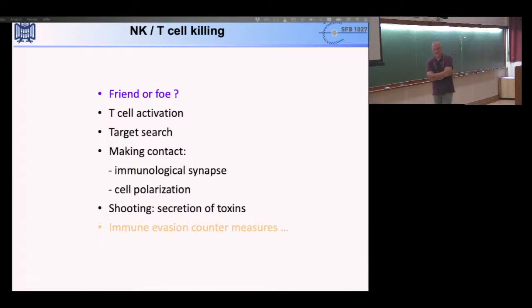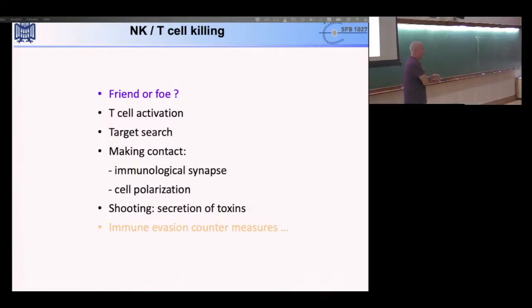If something is going wrong, that is extremely dangerous for you. They are really potent killers, and they will kill you. And that is the problem of autoimmune diseases. Insofar, there are also many control mechanisms involved before the deadly shot is actually executed.